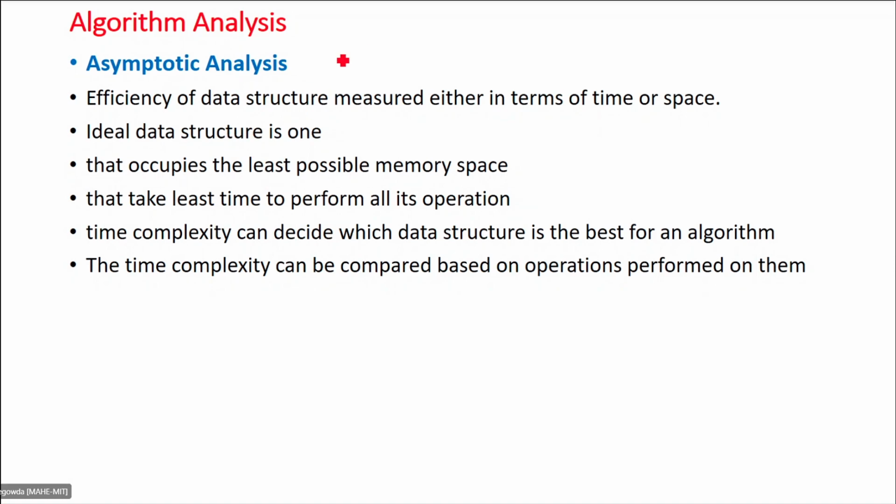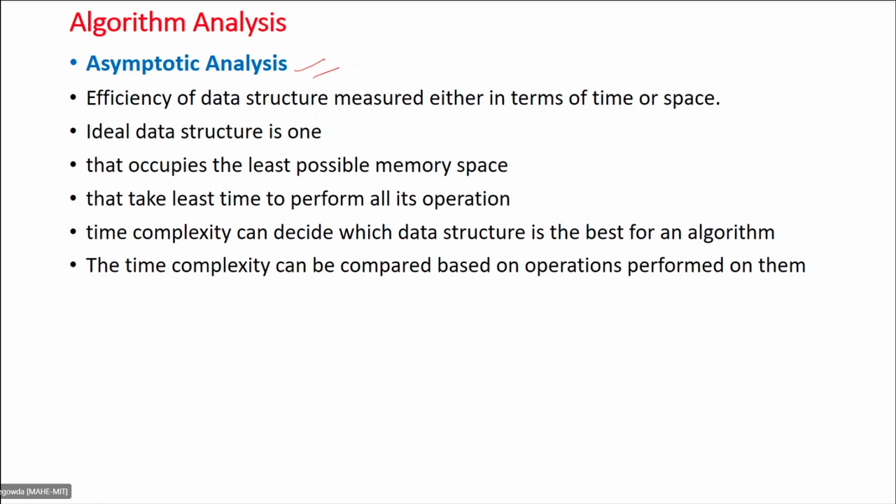So next is asymptotic analysis. As we know, a data structure is a way of organizing data efficiently, and that efficiency is measured either in terms of time or space. The ideal data structure is one that occupies the least possible time to perform all its operations and the least memory space.